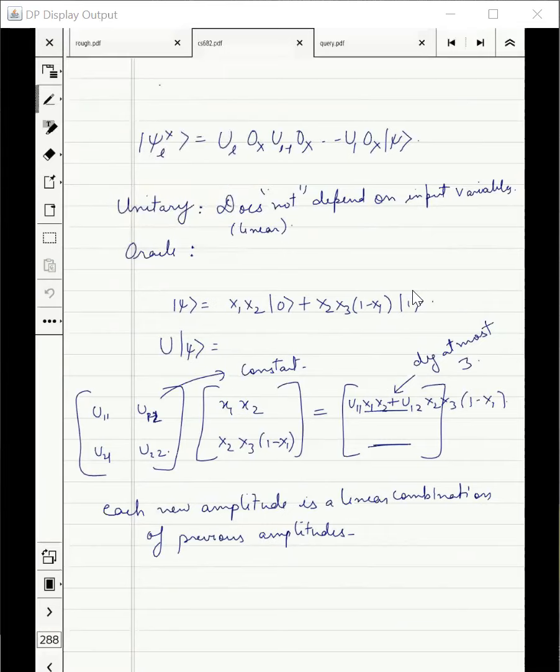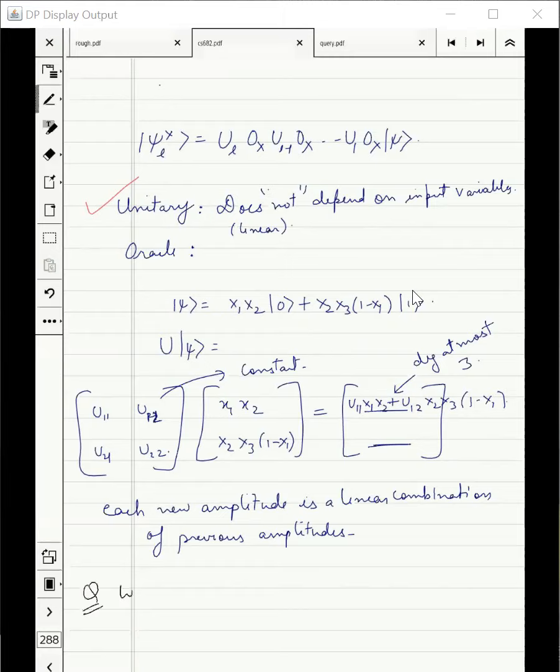We notice that when we start the algorithm, we have some state, and then unitaries do not change the degree. What is the degree of the starting state? 0.